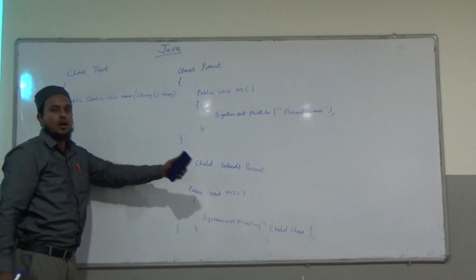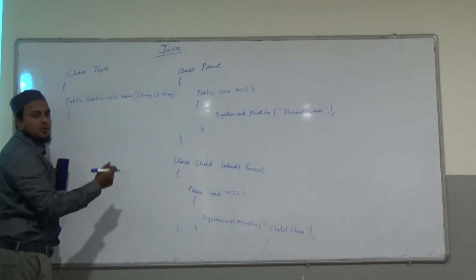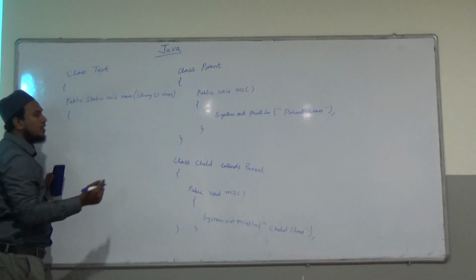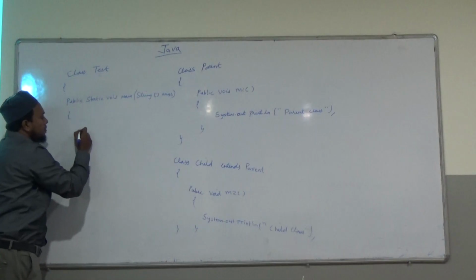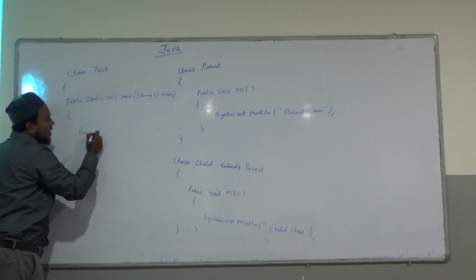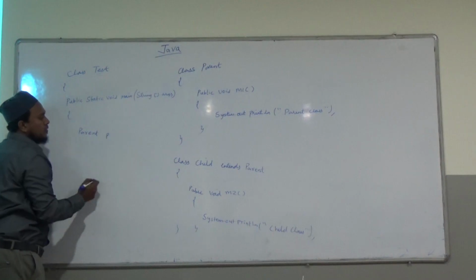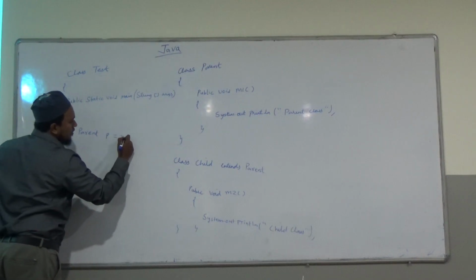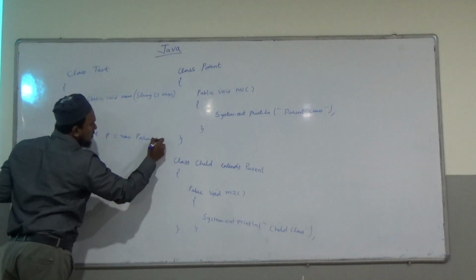Now I will create the object for the parent class first. Pay attention, this part is very important. Implementation. So what is the class of parent one? Name, parent it is, right? Parent P as an object I take. Parent P is equals to new Parent.